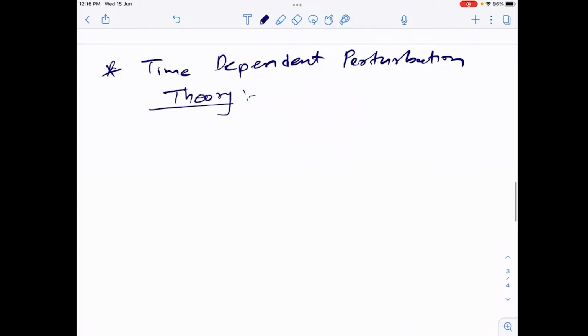So when we say time dependent perturbation theory, what we are talking about is that, let's say we have some transition happening in a given system, right? So our eigenstate is changing from psi i to psi f. It is changing due to, let's say, some perturbation within the system.